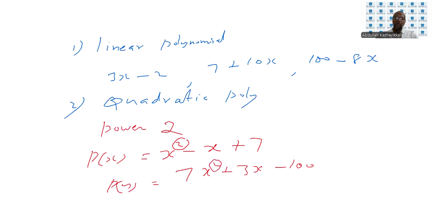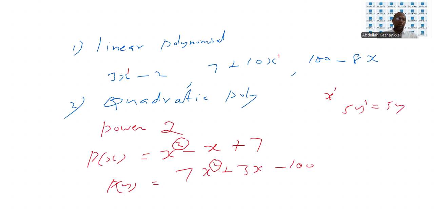Where is the power, sir? Yes, 1 is the power. x means x to the power of 1, and 5y means 5y to the power of 1. That is why we do not write the 1. So, linear polynomial, quadratic polynomial.